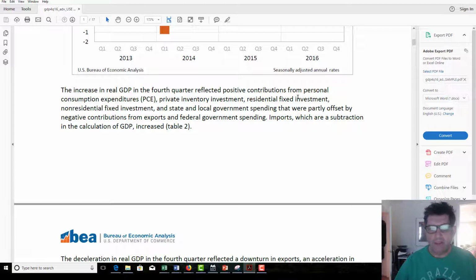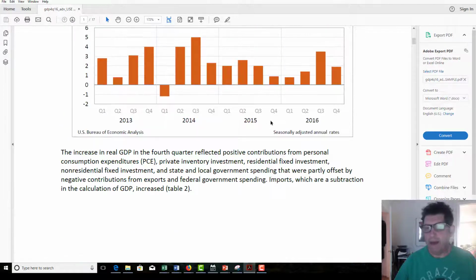So all of that adds up to telling us that when we put this all together, we have a weaker performance in GDP than in the previous quarter.